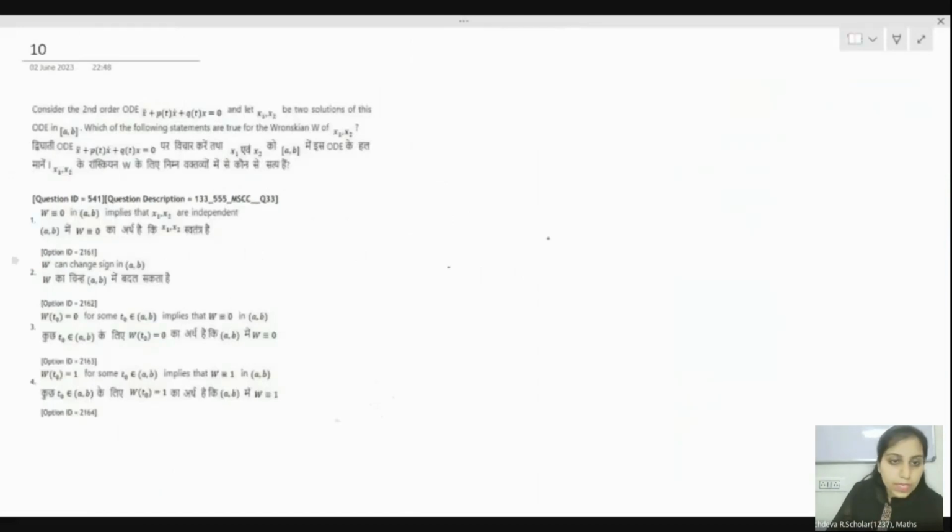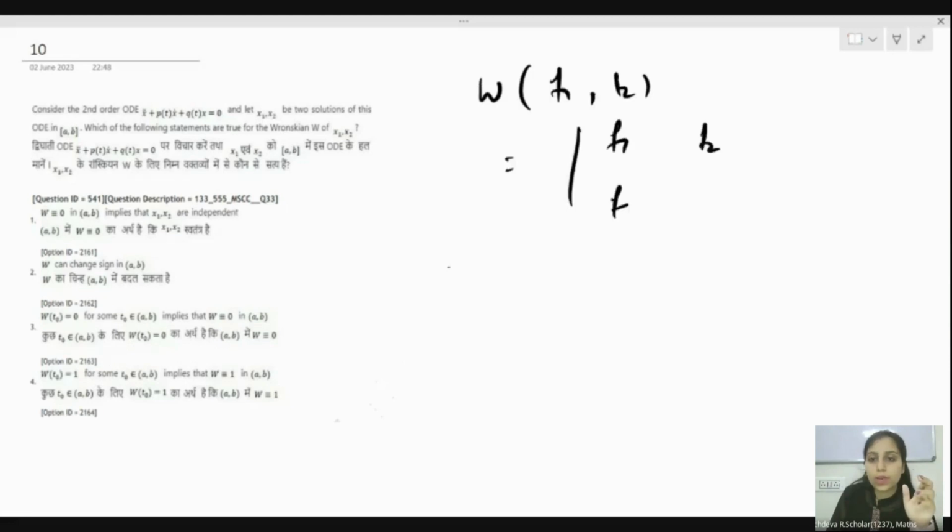The problem is based on the Wronskian. We have already covered a lecture on the Wronskian. Everyone should know the basic properties of the Wronskian, which are very easy. The Wronskian is found for two functions f1, f2, with the derivatives f1 dash, f2 dash, and then the determinant.